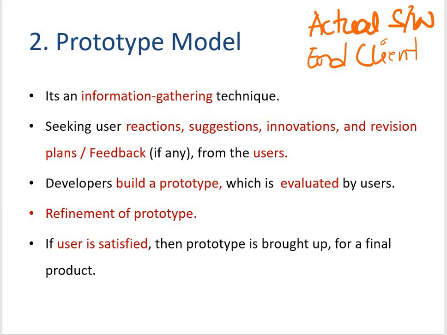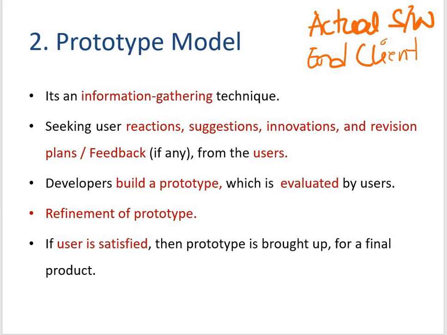So mostly in case of prototypes, it's a kind of sample product and the initial version of the actual product. So this works best in scenarios where your project requirements keep on changing and are not in detail. So it's an iterative process where we see some trial and error method taking place.